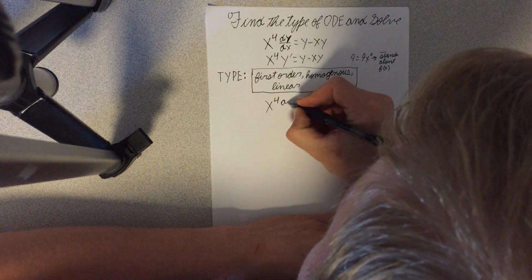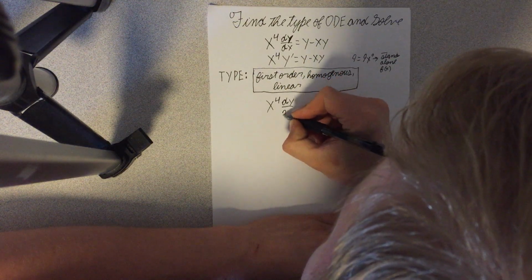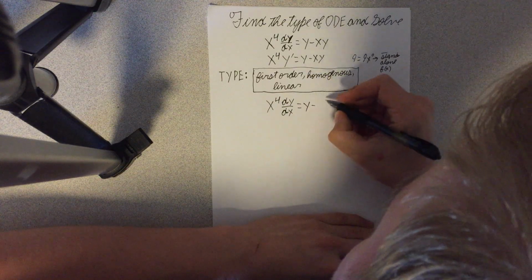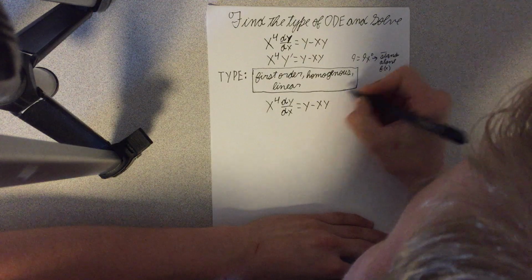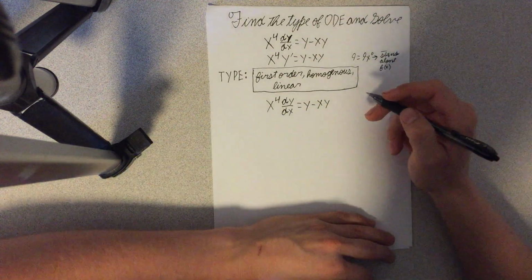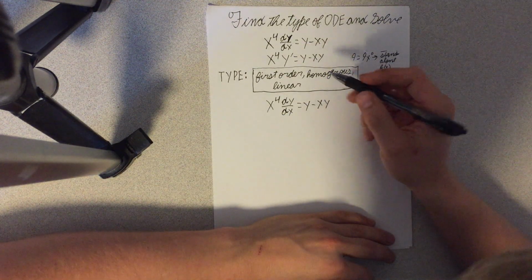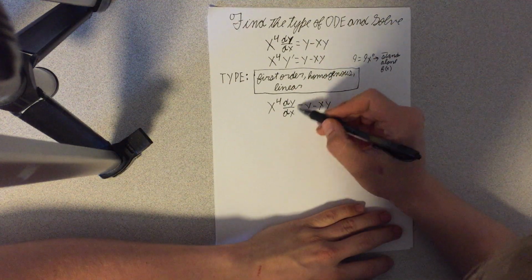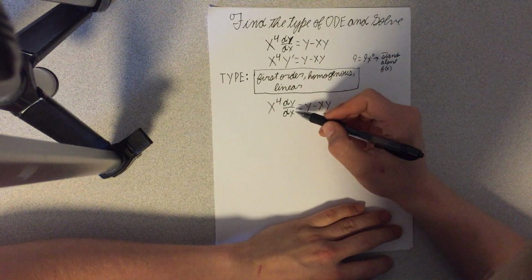x to the fourth dy over dx equals y minus x times y. So from here, first off, the general guide, we try to get this by itself.